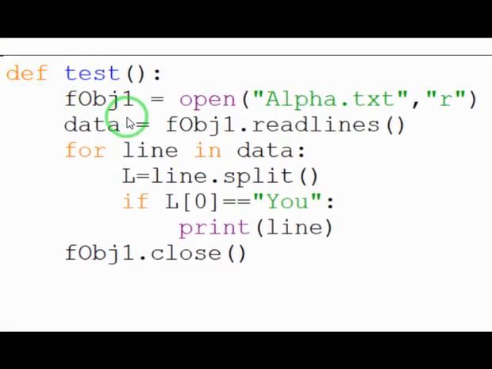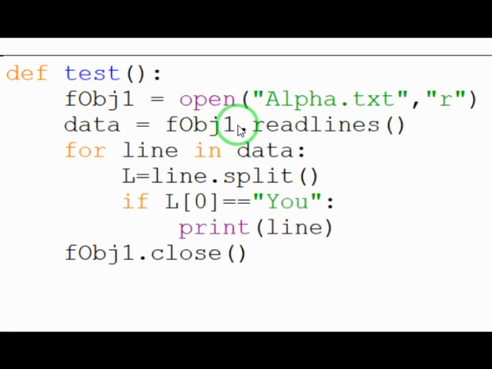Okay, so going over this question, first we'll define a function called test. The first object, we open it in the read mode, the file which is called alpha.txt. Then we write a variable called data which takes f object 1 and simply reads lines.